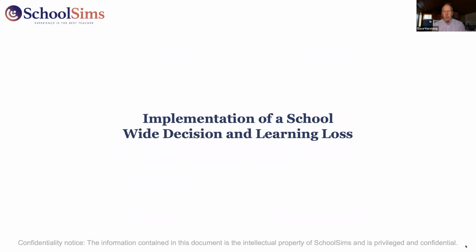And there you go. So through a vote, and it was really close, and I think we've got some good ideas for additional Sims, we're going to focus our problem of practice today on implementing a school-wide program or decision around learning loss.